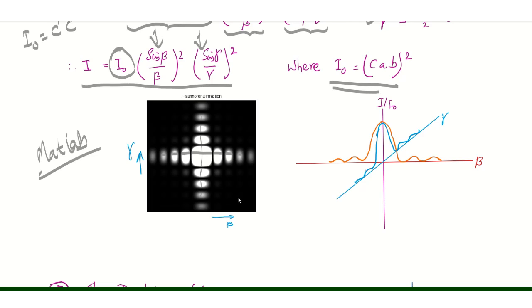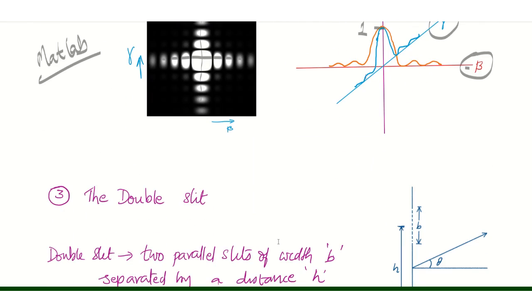This is how you plot the intensity if you plot gamma and beta in two orthogonal directions. I by I0 is given by this one. Two sinc square functions in two directions.